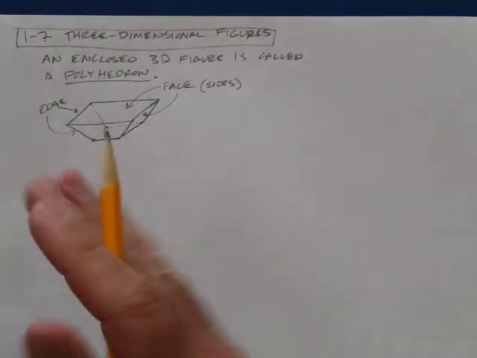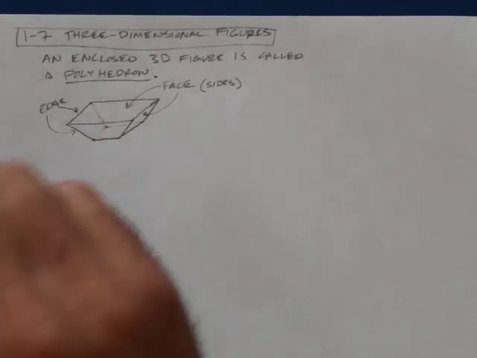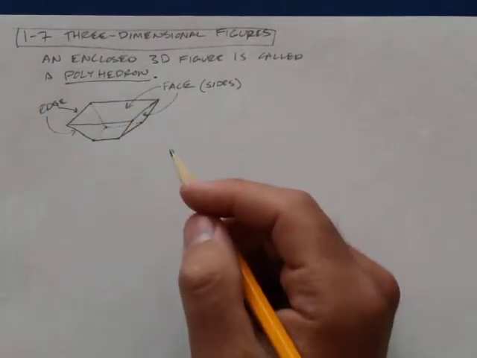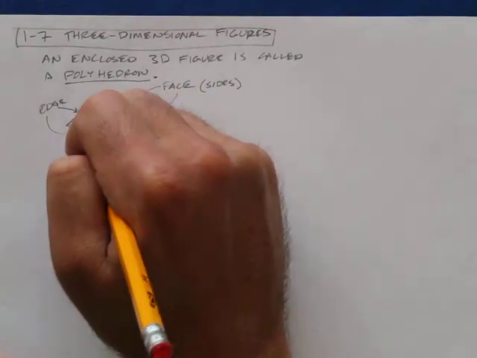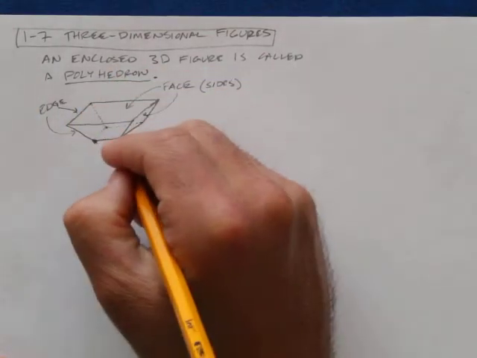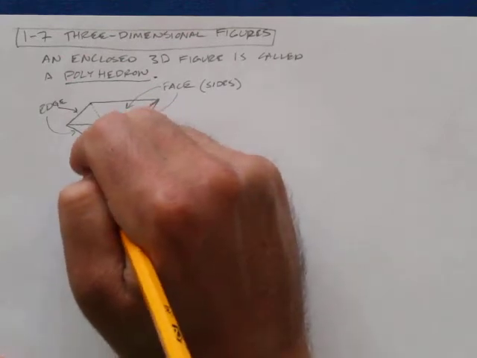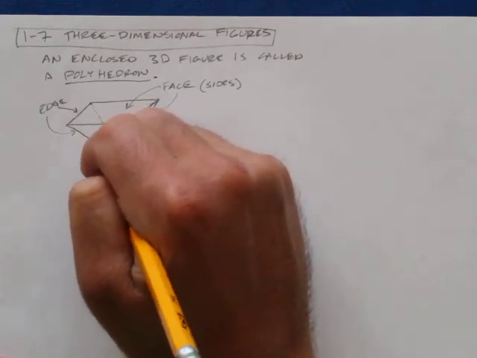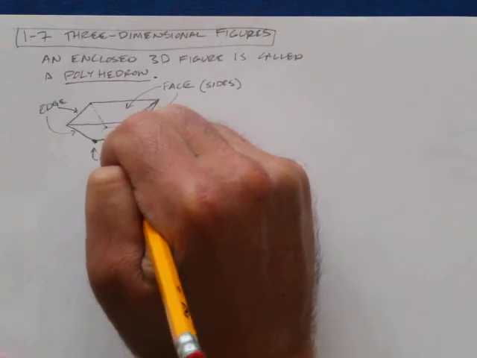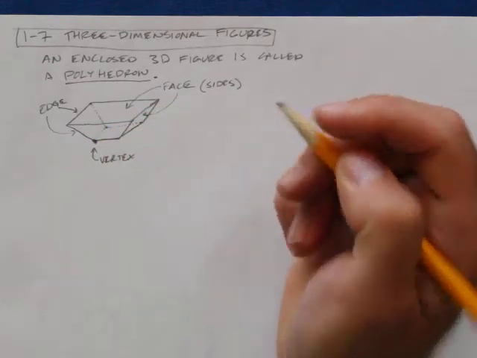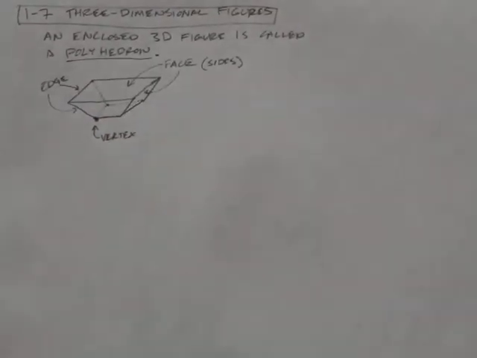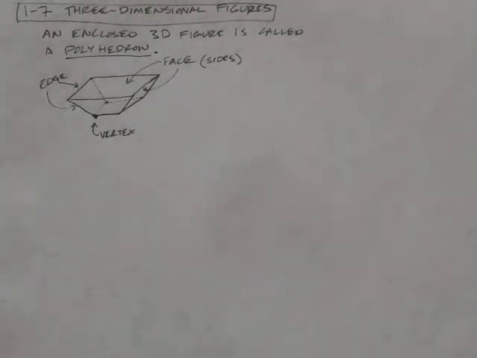So not the flat part, the line at the end, that's the edge. And then any place where two line segments meet, each is called a vertex. Okay, so there are the parts of a polyhedron.